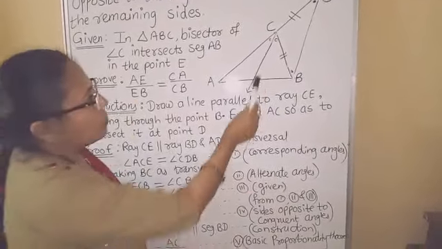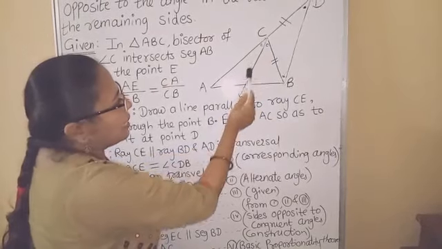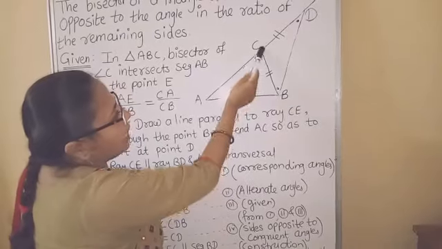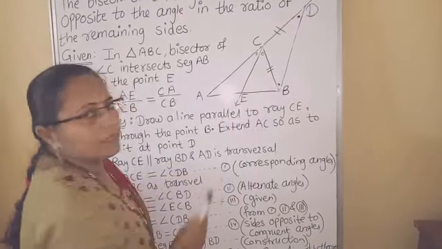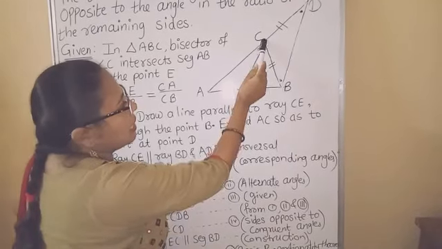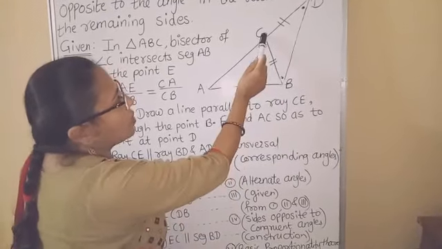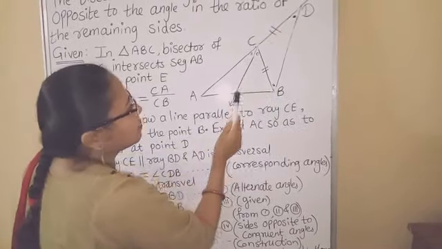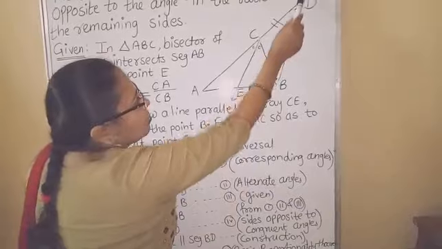Okay. Now again line CE parallel to line BD and now we will take BC as transversal so that we will get angle ECB congruent to angle CBD. We will get these two angles congruent.